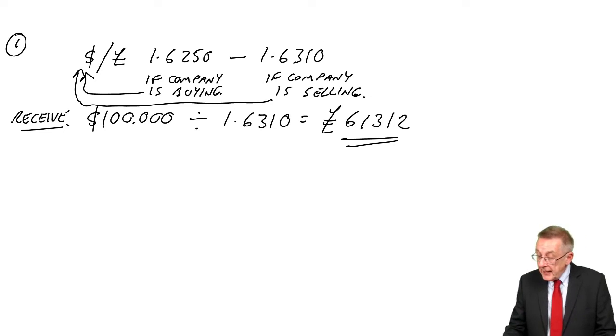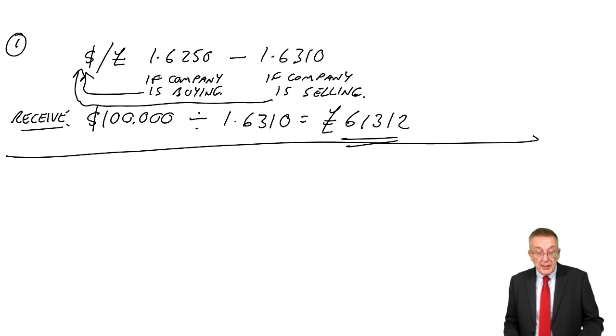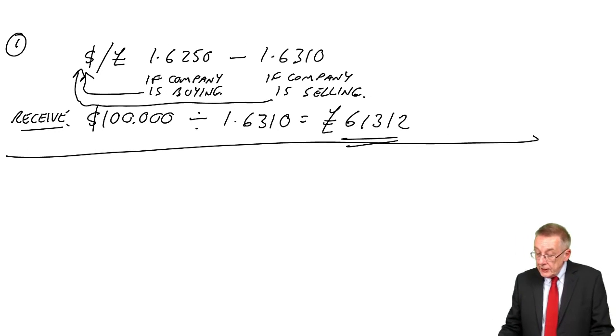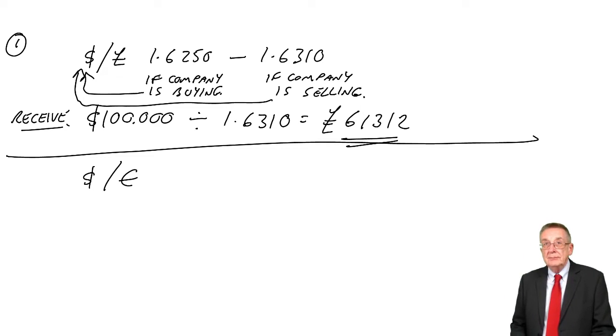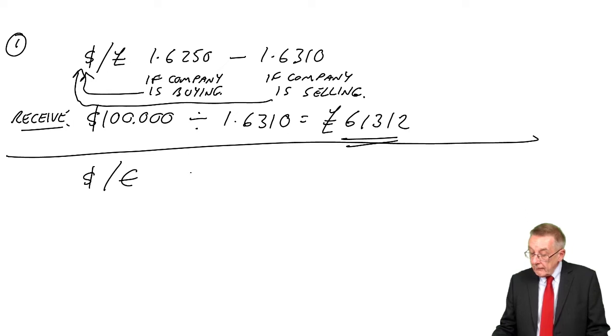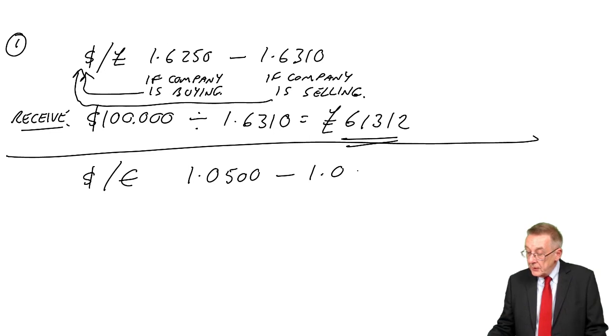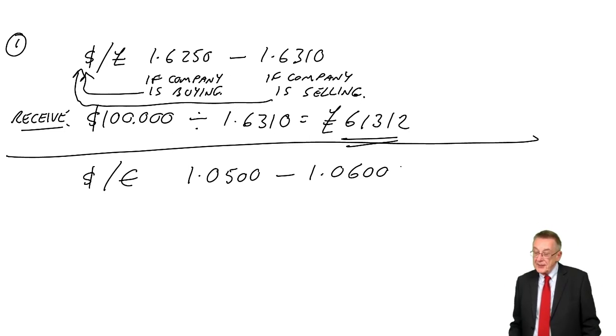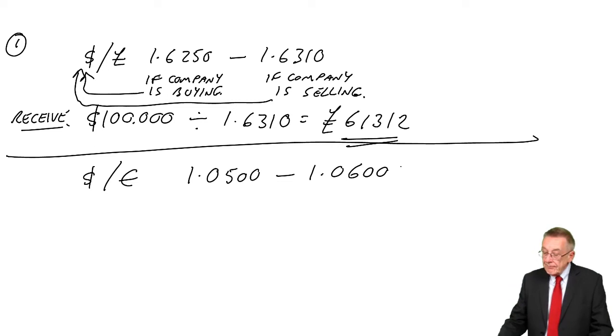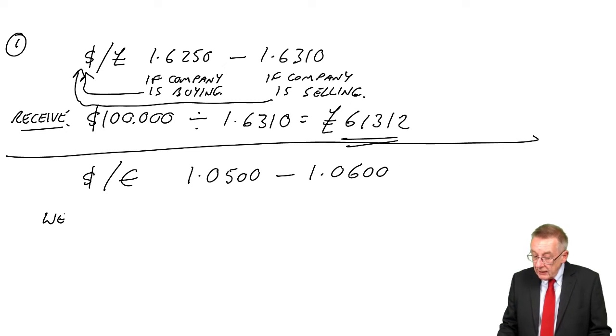In fact, let me make up an extra little example before we look at example 2. Suppose the exchange rate was dollars to the euro 1.0500 to 1.0600. They always call the lower one first. Suppose we are in Euroland.